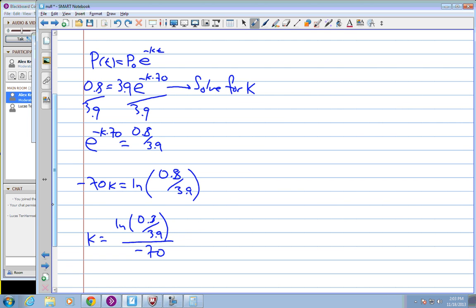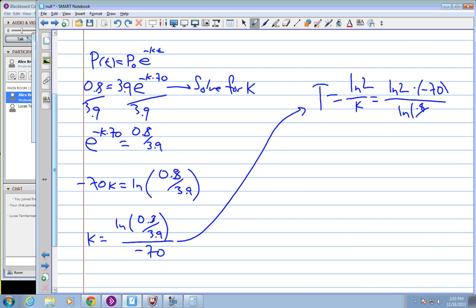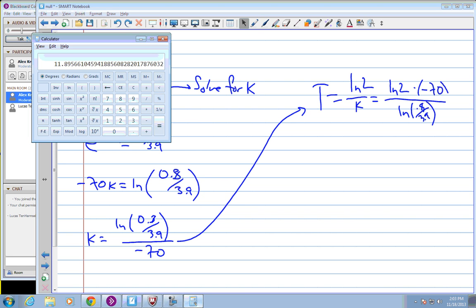So I can just take whatever this number is. Since half-life is ln of 2 over k, and if that's k, then it'll be ln of 2 times negative 70 over ln of 0.8 over 3.9. So I can plug that in my calculator so I don't have to carry the decimals. Because I'm dividing by this, it's the same as multiplying by the reciprocal.